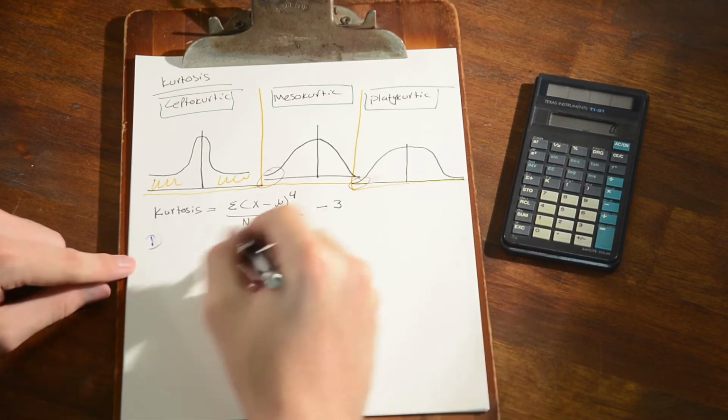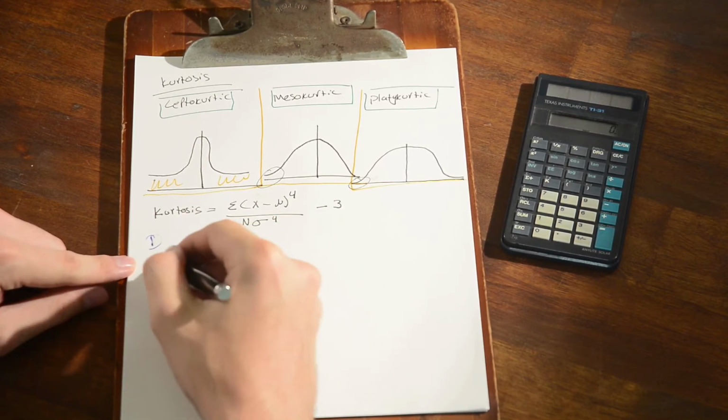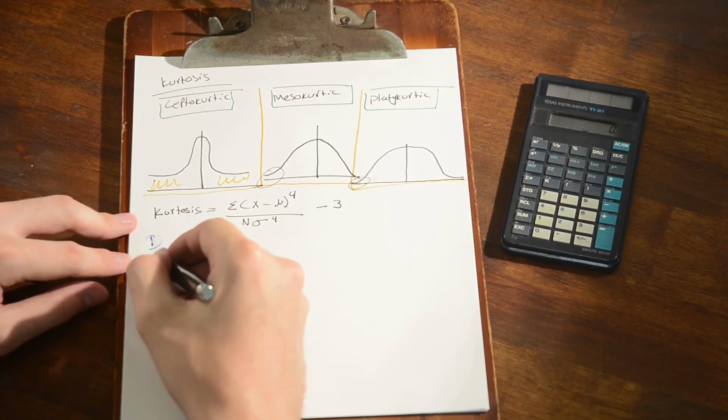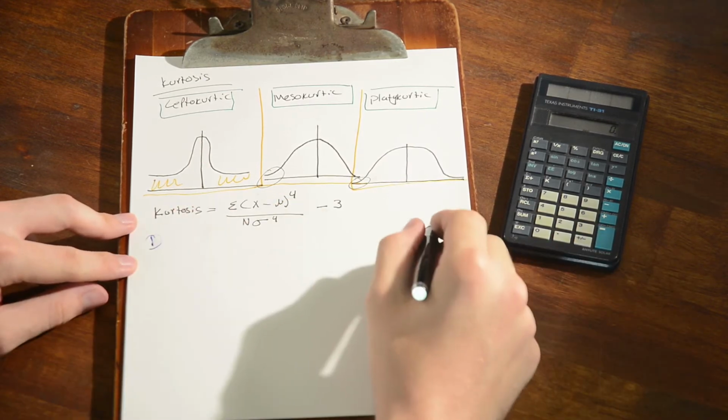So first step, as always, when we see the sum of x minus mu, is we're going to go ahead and list out all of those variables so we can see our calculations.